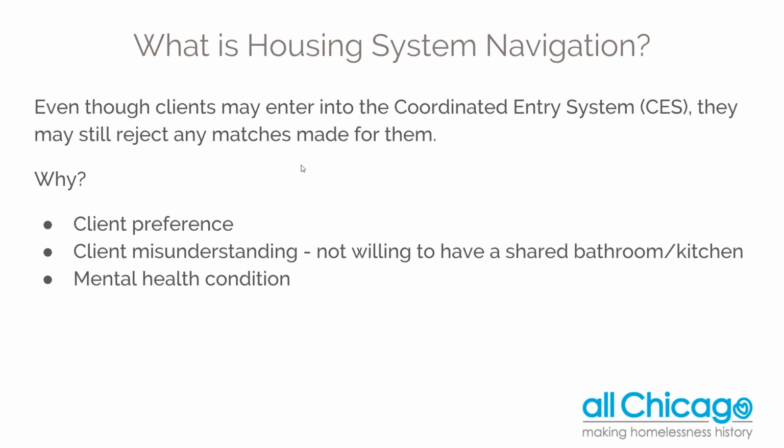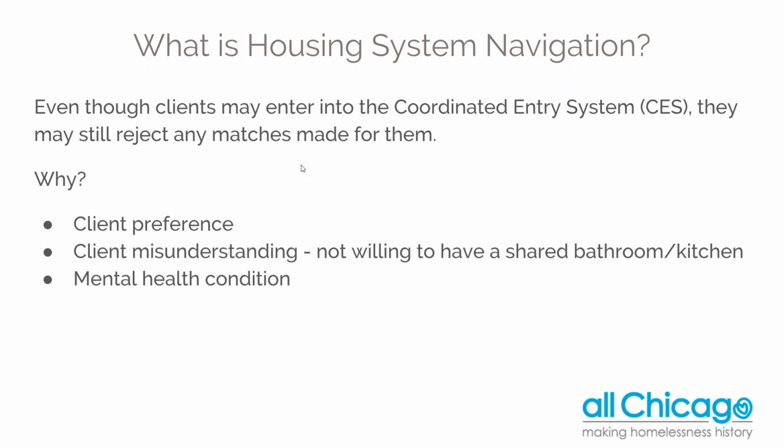In coordinated entry, a client has to talk to a skilled assessor in order to receive an assessment, and from that assessment, they are entered onto the one list. And if you remember, the one list is a ranking of clients by their vulnerability index. So depending on the client's vulnerability, they are then called up to be matched to housing.